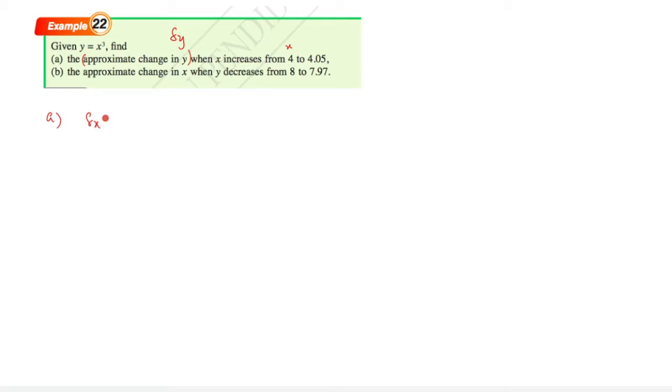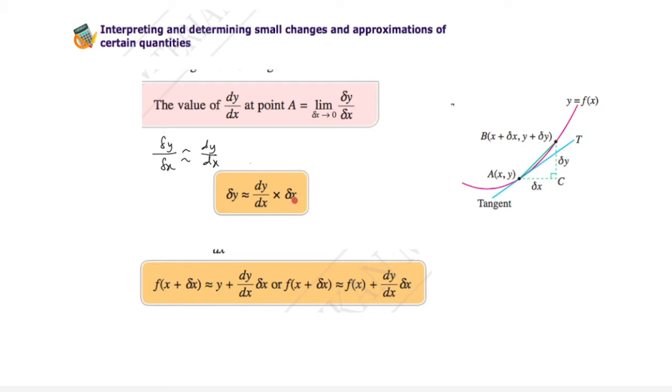Delta x equals the later value minus the earlier value: 4.05 minus 4 equals 0.05. This is delta x. From the formula, delta x multiplied by dy/dx approximates delta y.